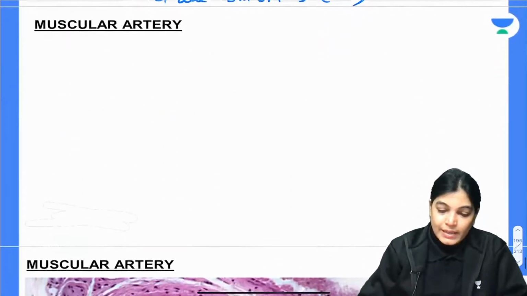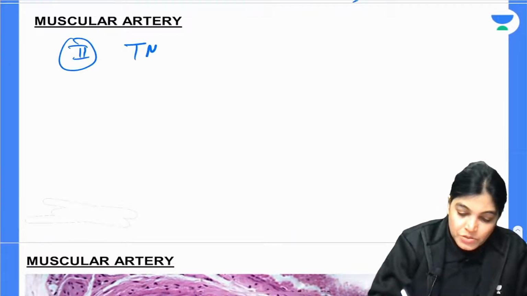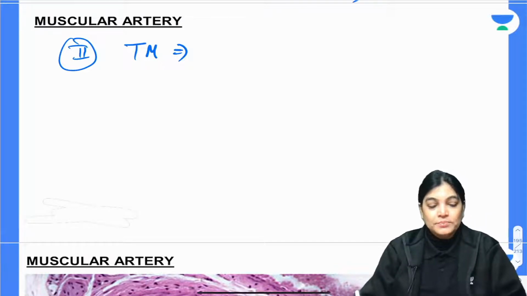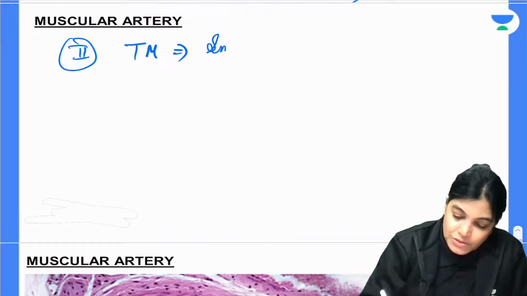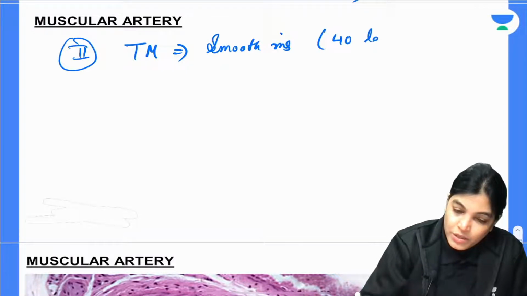Now, which is the second layer of the muscular artery? The second layer is the tunica media. The basic important features seen here are that the tunica media has a smooth muscle layer made of approximately 40 layers.